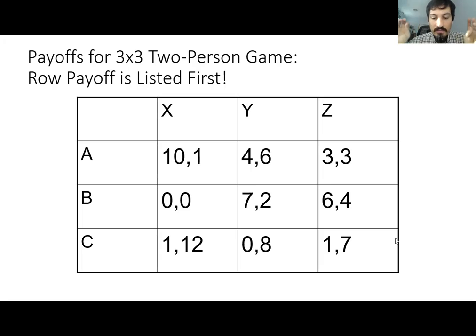Remember where I said the concept of rationality is saying, I want to maximize my payoff given what I think the other player will do. Well, no matter what the other player does, I'm better off choosing A than C. Does everyone see that? I got that too. When I was doing mine, I had looked at it and I just forgot till just now.